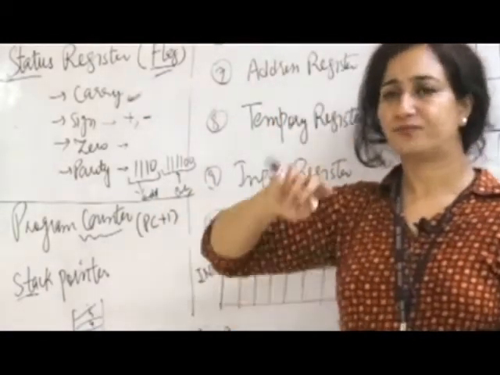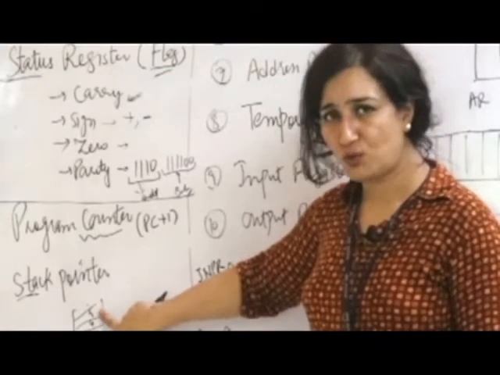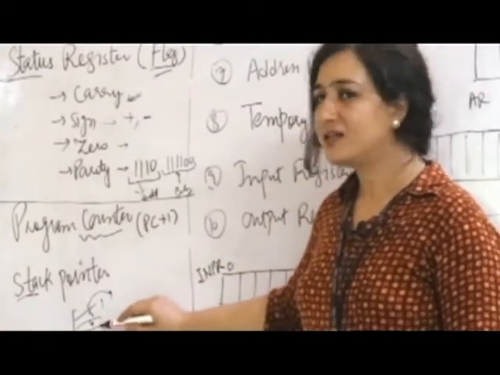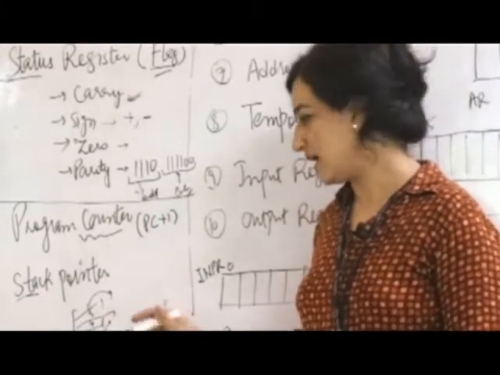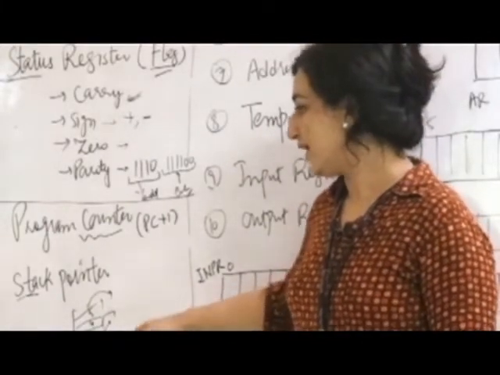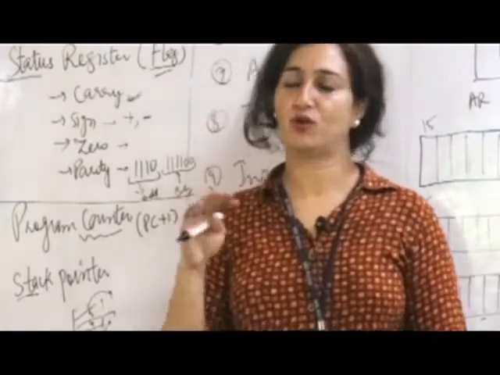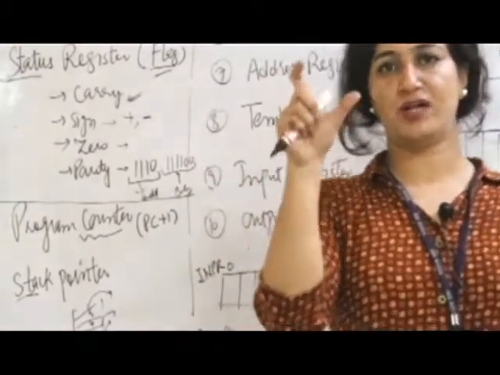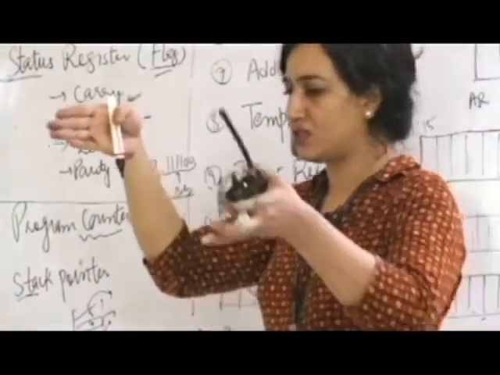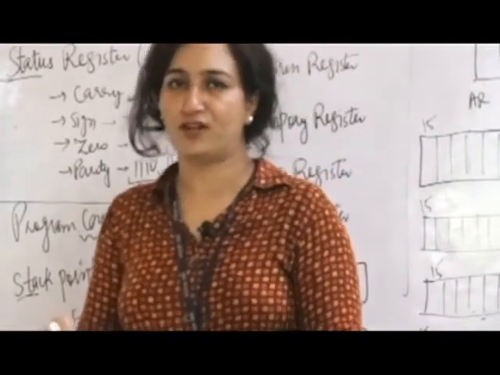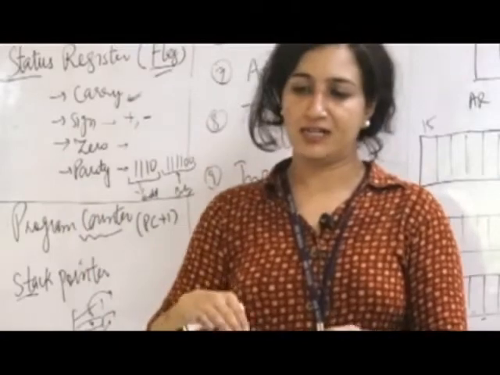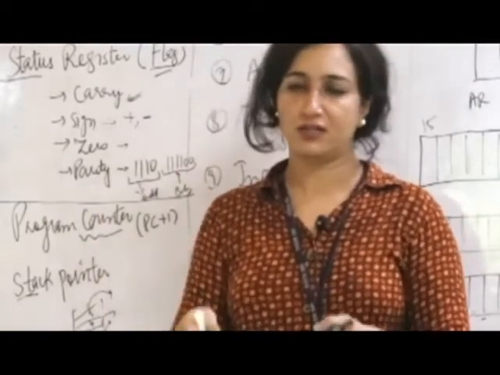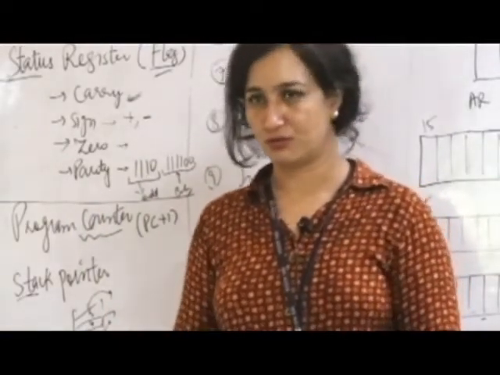First it reads instruction 1, then pops up, then second instruction, then pops up. In this way it works, right? So the working is different but they do the same task, program counter and stack pointer. It reads the first instruction, then pops up. It reads the second instruction, then pops up. It reads the third instruction, then pops up, and so on, right?